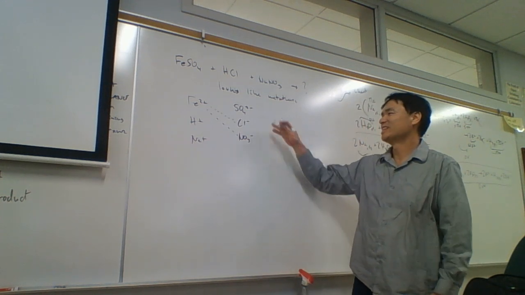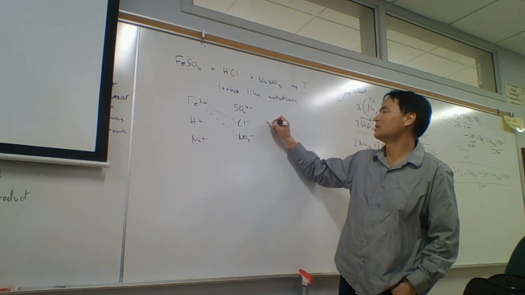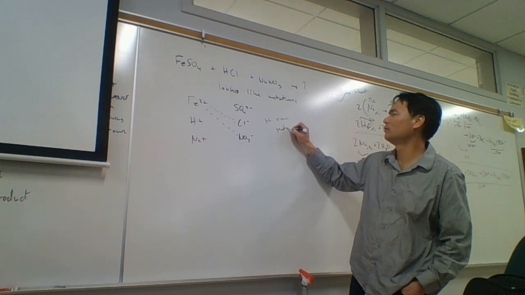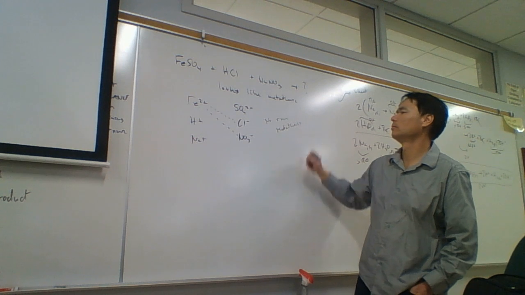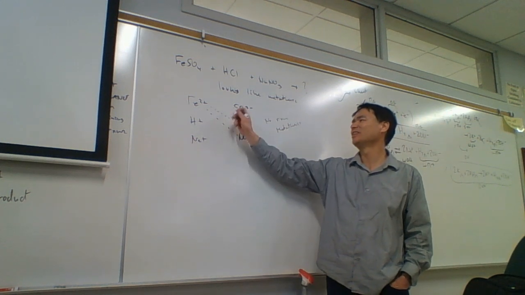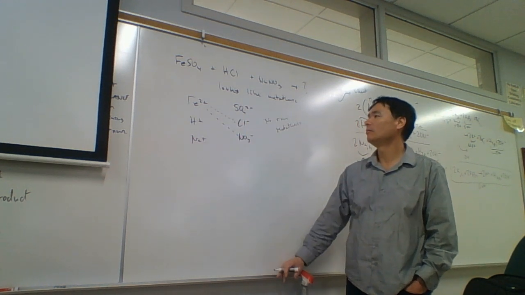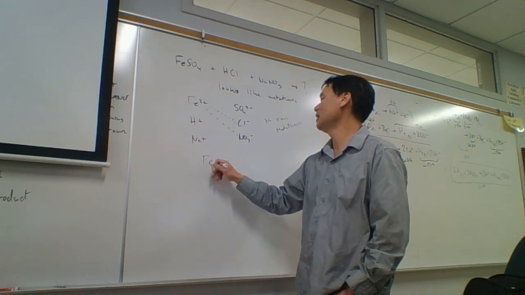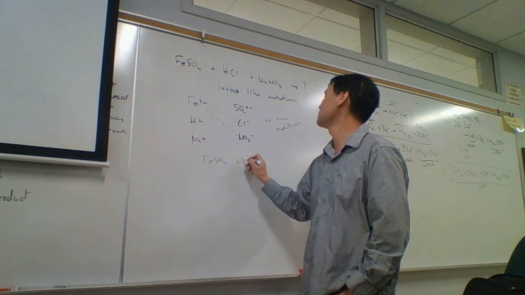So we go through this and there's pretty much no reaction from metathesis. There's no precipitate. We try all the combinations. Although you might think of one combination that might work, and that is FeSO4 plus HCl.